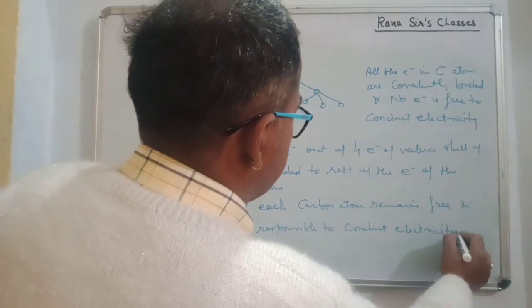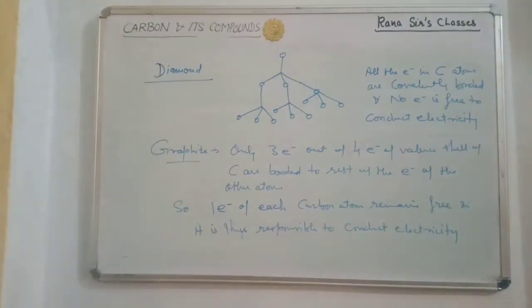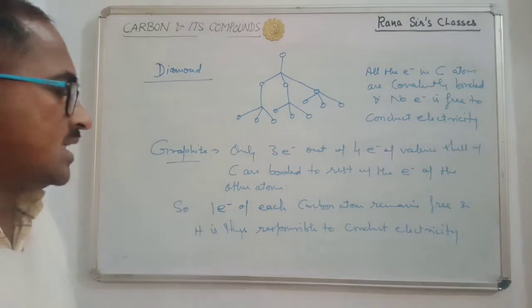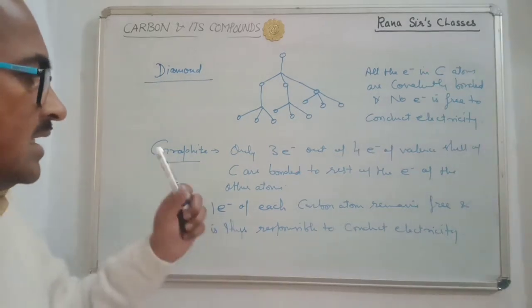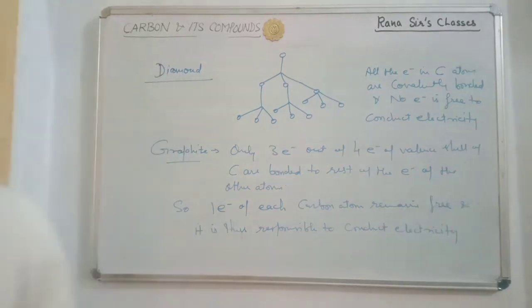This is the reason, students, that diamond is a non-conductor of electricity while graphite is a conductor of electricity. So you can understand it well, I think.